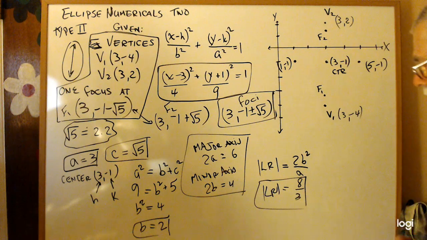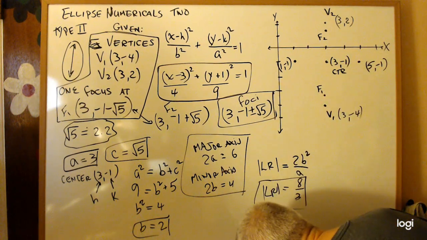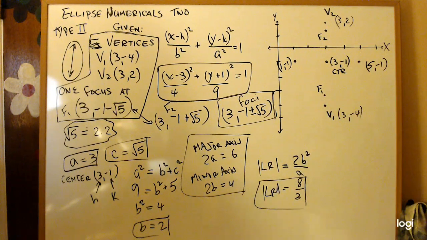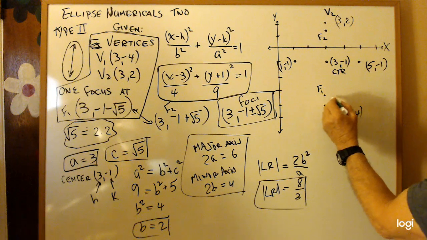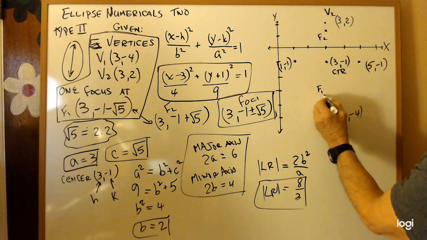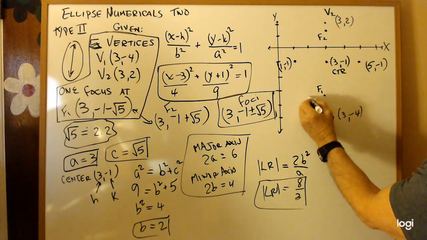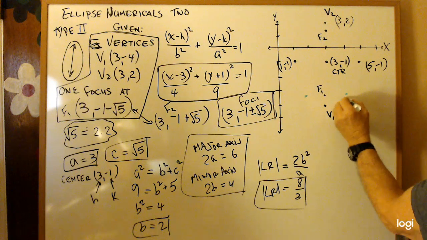Okay, so let me get another color here to make it stand out a little bit better. Length of the latus rectum is 2 2/3, so you go through the focus, you're going 2 2/3 this way, so that means about 1 1/3. Trying to do as best I can.